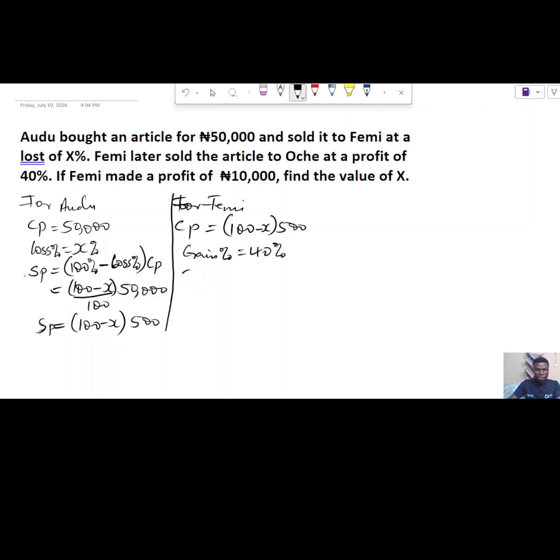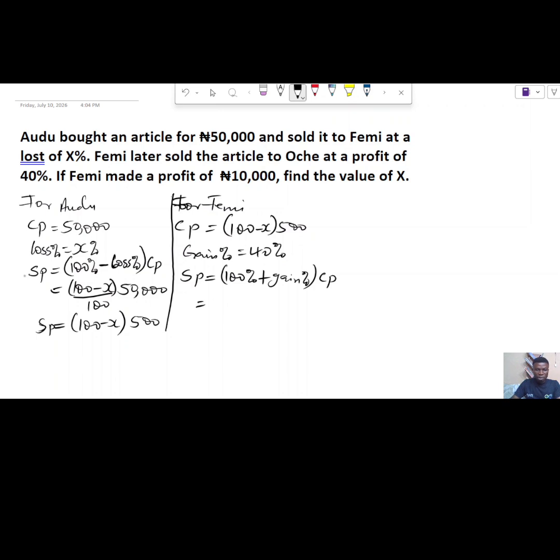Now from here, selling price will still be equal to 100% plus, since this time around he made a profit of 40%, plus that gain percent, all multiplied by the cost price.